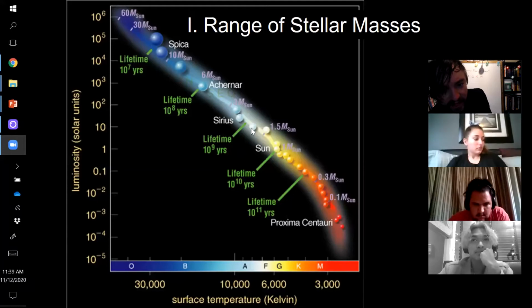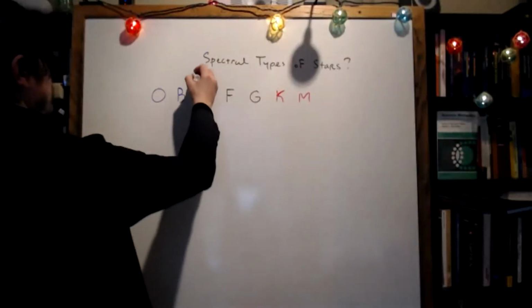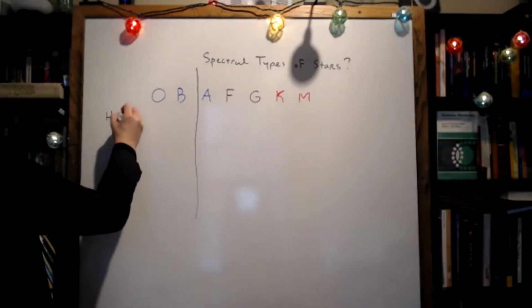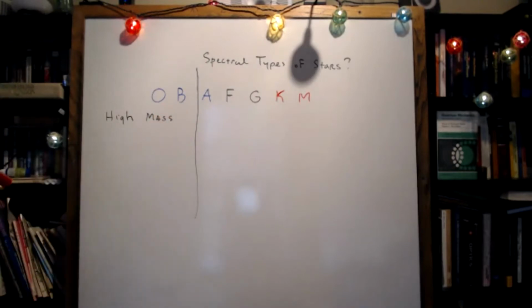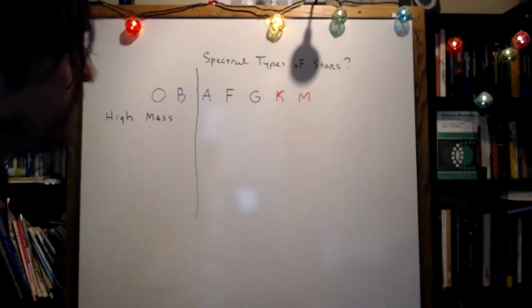It might be, it's somewhere around 8 solar masses. So A doesn't quite make it there. So the O and the B type stars are going to be an example of what we would call a high mass star.